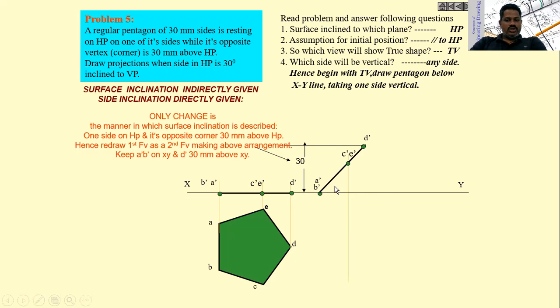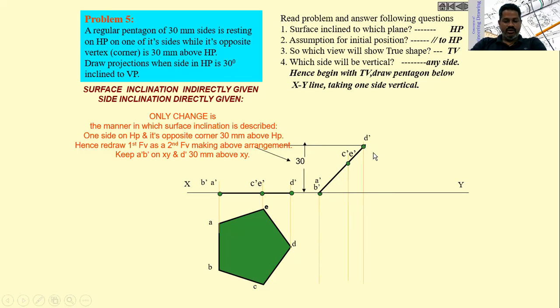Otherwise, locate the point at 30 mm and project this point. Then from the XY line, join this point.